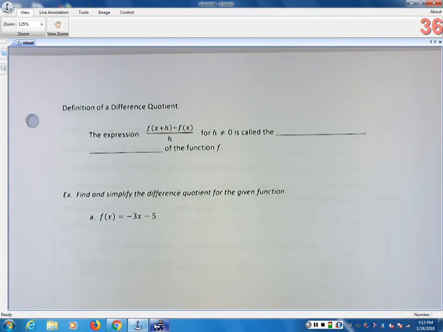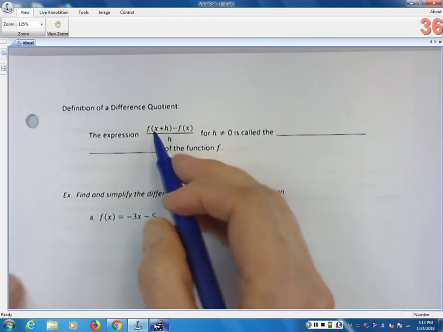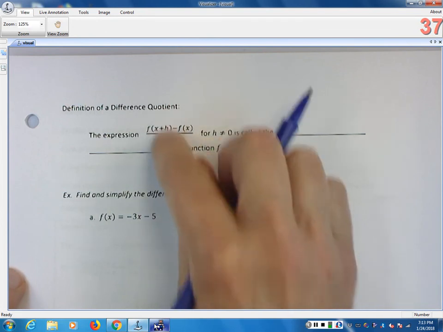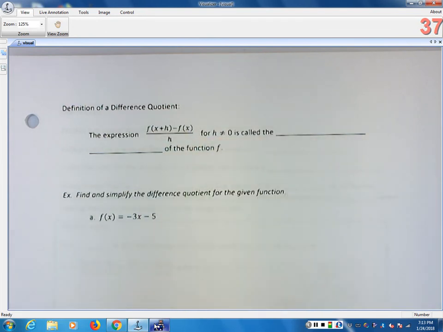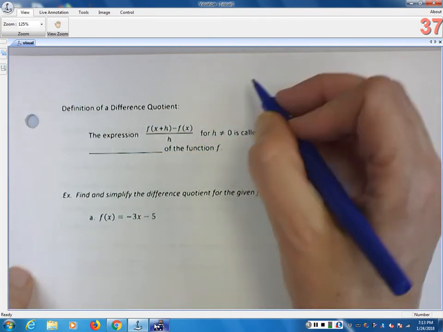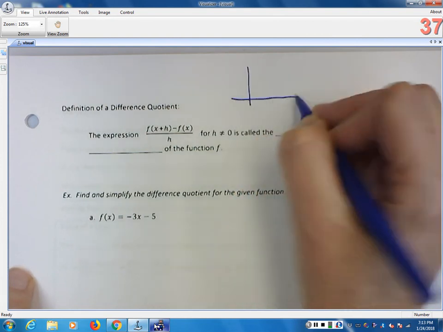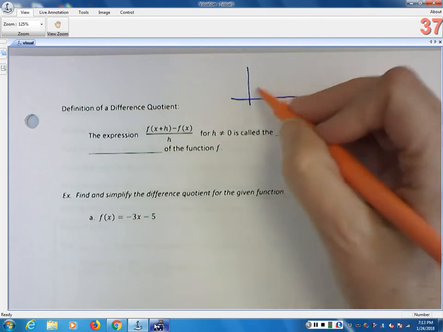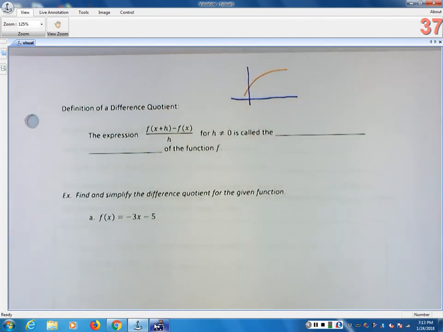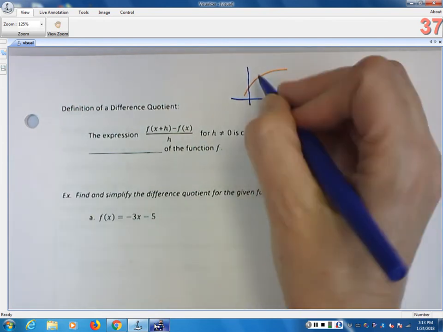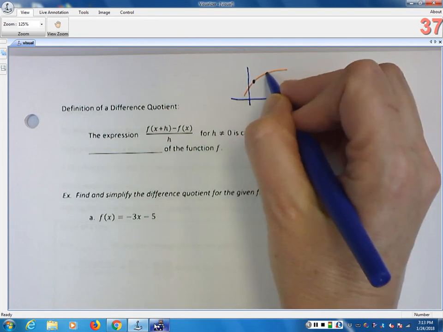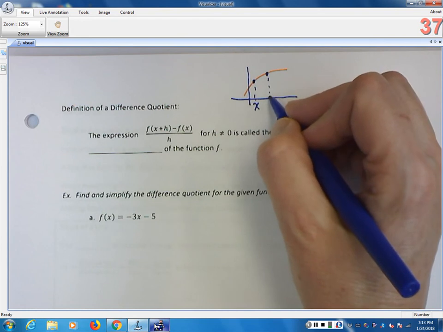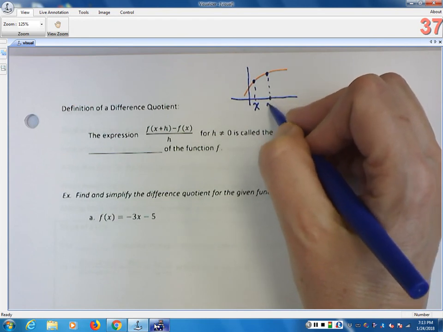So a difference quotient, this is just slope. We call it a quotient because it's a fraction, we're dividing. But it is just slope. If we have a function here, and we have 2 points here and here, and this is x, and this is x plus h.